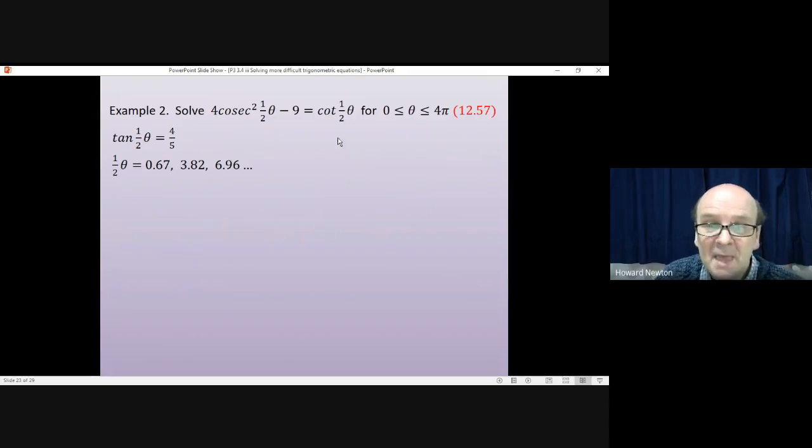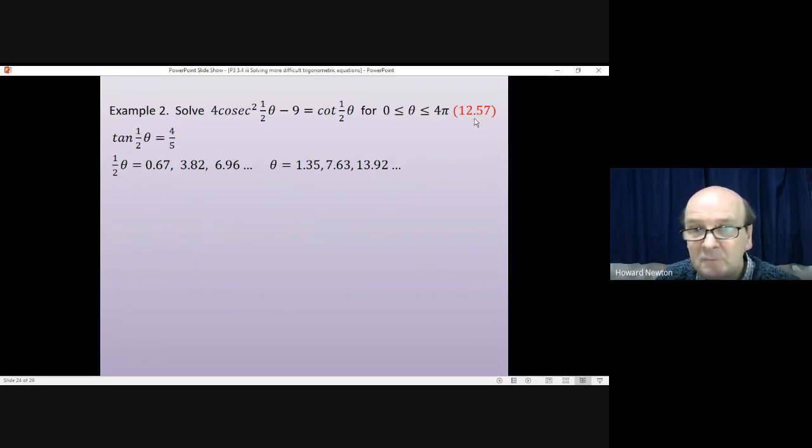I've stopped there because I know this is half theta, which means that theta is going to be double these values. So finding theta and doubling all of these, I'll get 1.35, 7.63, and this third one, when I double it, becomes 13.92, just outside of the range that I need, bigger than 12.57.